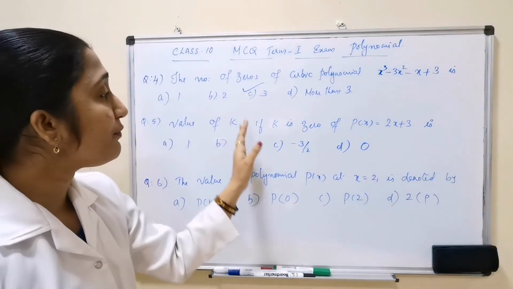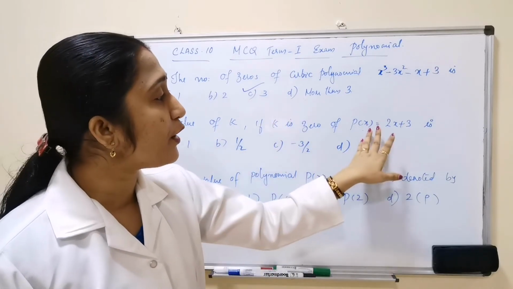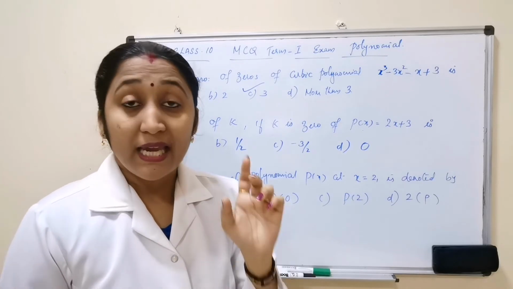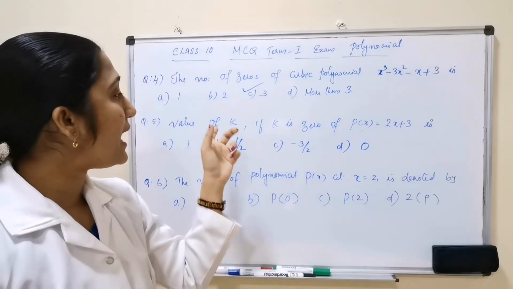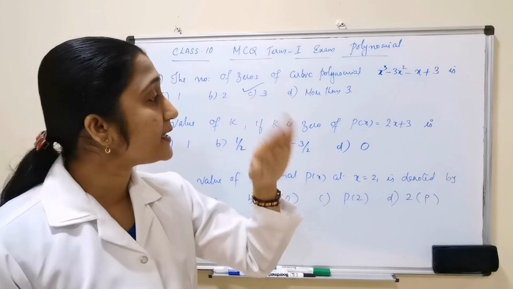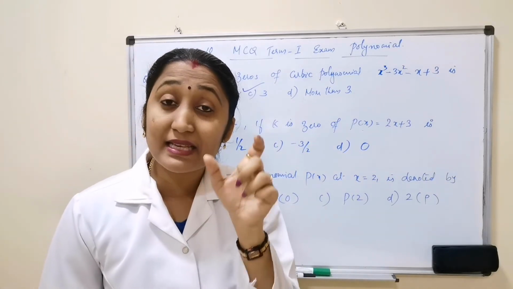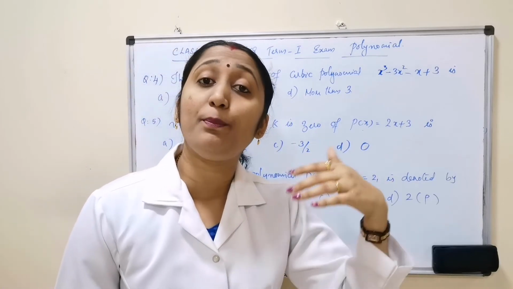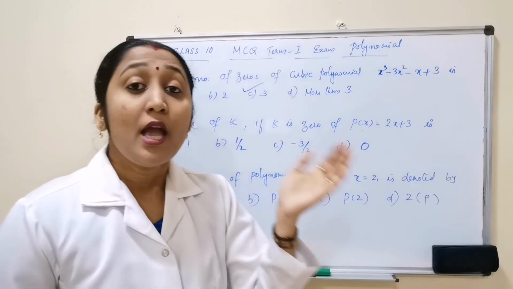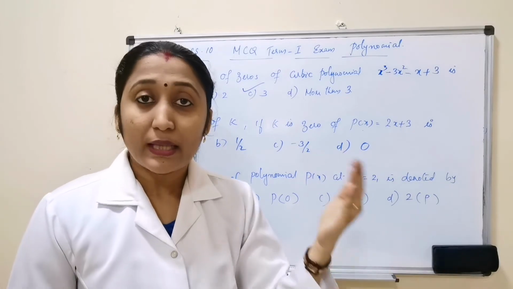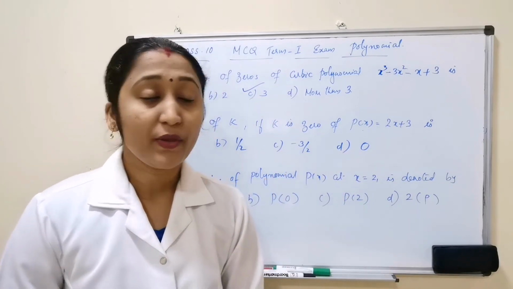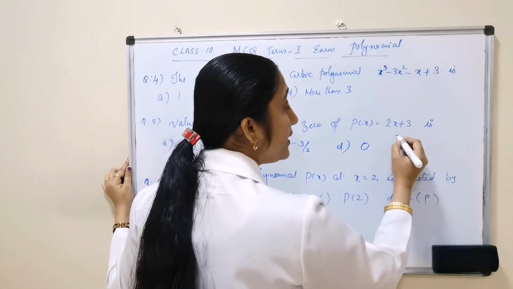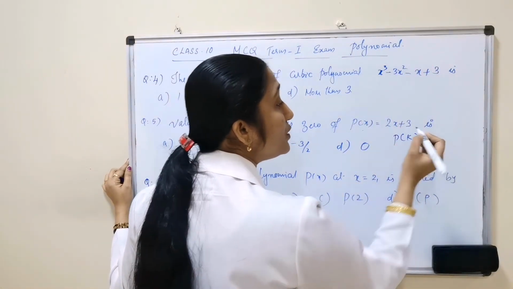The value of k, if k is a zero of p of x equal to 2x plus 3, is. Here, find the value of k. If k is a zero of p of x, that means if a is a zero of a polynomial p of x, then p of a equal to 0. So here k is a zero of the polynomial, so we write p of k equal to 0.